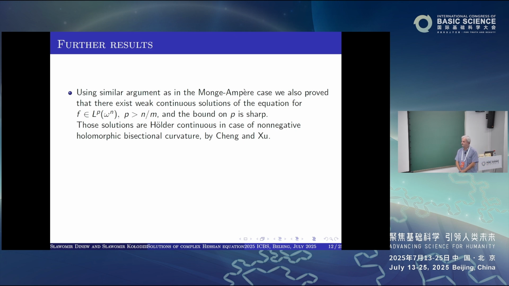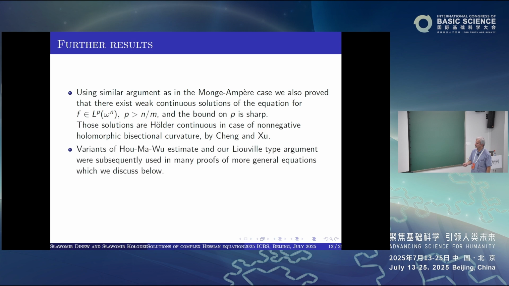So this is still open. And well, at the end of the talk, I will mention several results which use this Hou-Ma-Wu estimate and our Liouville type argument for different equations in some different spaces of functions.